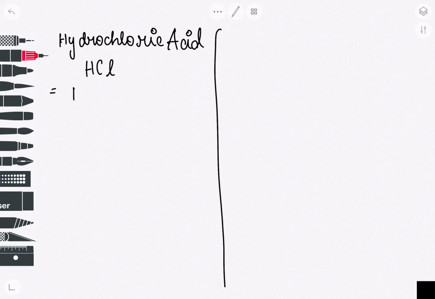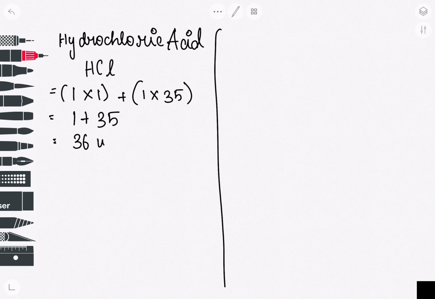We have 1 hydrogen atom and its atomic mass is 1, plus chlorine, number of atoms is 1 and its atomic mass is 35. So we simplify: 1 plus 35 is equal to 36, and then we add the symbol U.